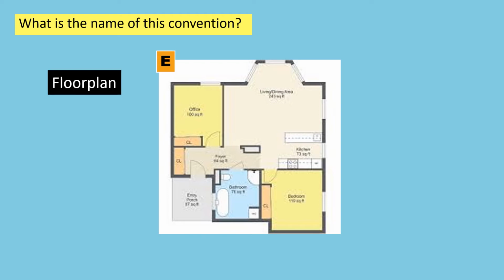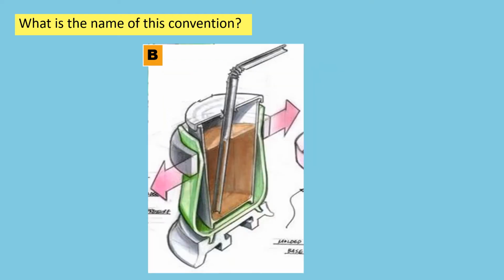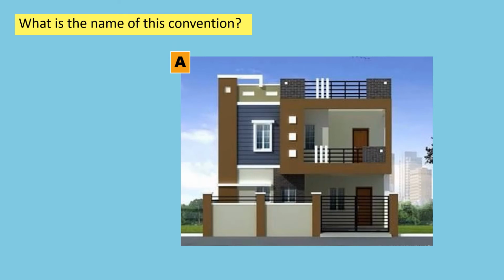Well done if you suggested that it is a floor plan. Next, what is the name of this convention? It is, of course, a section. What is the name of this convention?